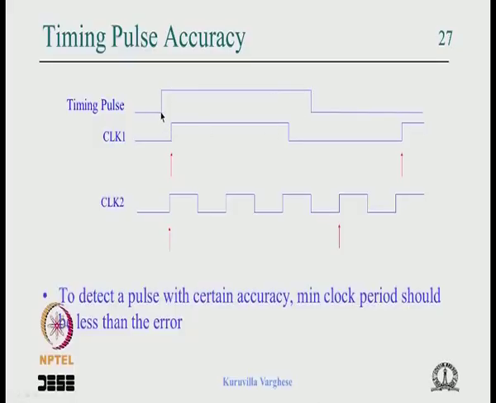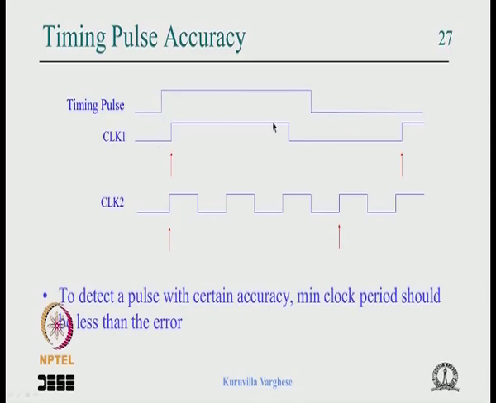Of course I am showing a little ideal case again. So let us assume this is a timing pulse, we have started this pulse at this point and the state machine is looking for the end of the pulse. Say this is some 500 nanosecond, but this being a timing pulse there has to be some accuracy on it. Suppose we are giving a delay of around 500 nanosecond, and suppose the state machine is sampling this pulse with a clock period, because this pulse is going high here, going low here.